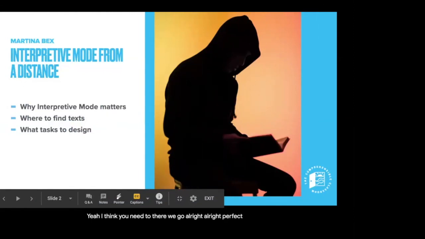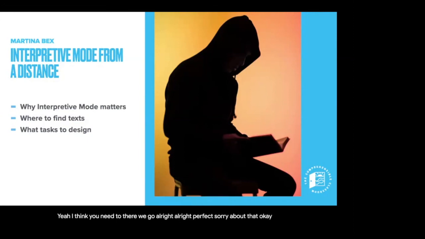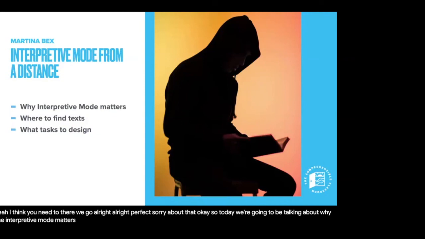Sorry about that. Okay, so today we're going to be talking about why the interpretive mode matters, where we can find texts, what students can do with those texts, and what tasks we can design to allow students to engage with them.